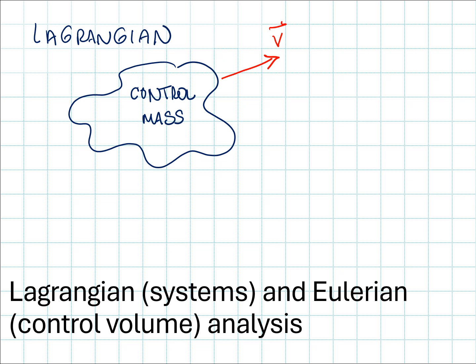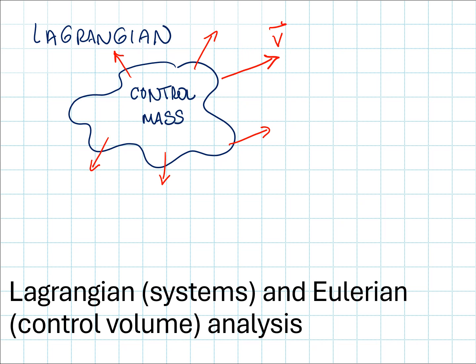But when we're working in a fluid, then we might need a different velocity vector or position vector for every particle of this control mass. So you can see how this gets complicated pretty quickly.